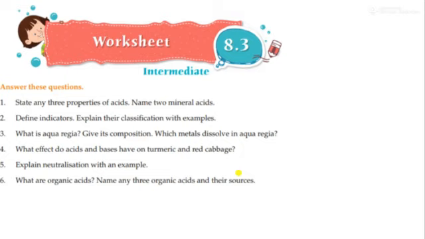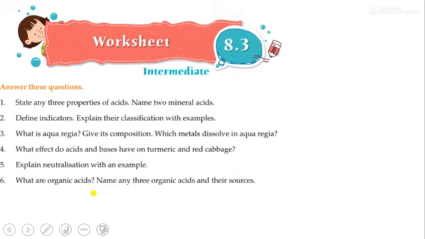I'm just discussing the fifth one. Explain neutralization with an example. A neutralization reaction is the reaction in which an acid reacts with a base or a base reacts with an acid and forms salt and water. Or you can say कि acid neutralizes base or base neutralizes acid, forming salt and water, is known as a neutralization reaction.